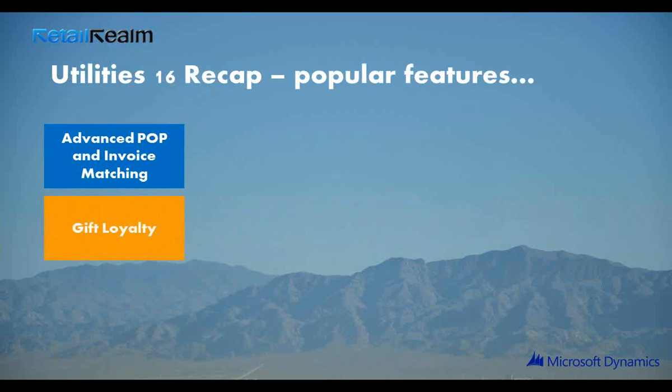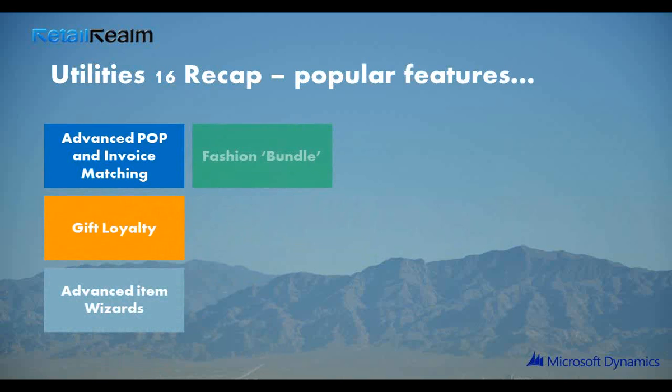Gift loyalty adds value to retailers that want to give their customers loyalty points and dollar back value by virtue of a voucher. The advanced item wizards fill in many of the gaps again in the base RMS product, when making en masse changes to products. And Fashion Bundle has been very good again in helping retailers better handle matrix items.